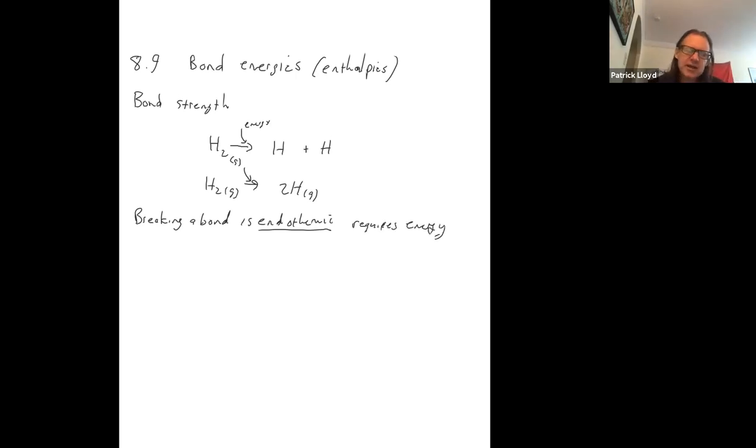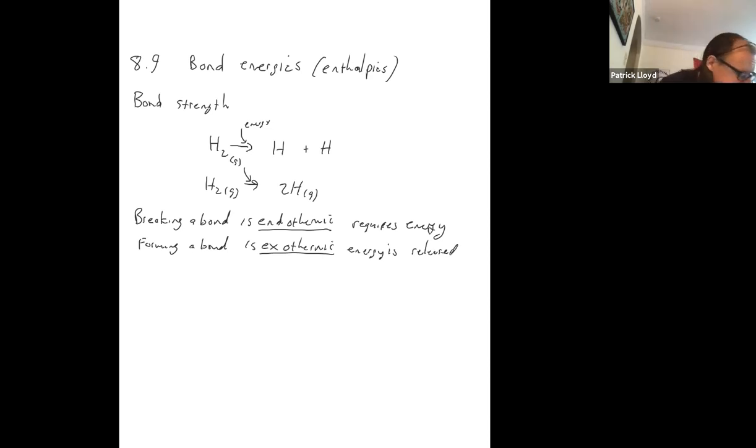And that makes sense, right? Like things don't break on their own, you have to break them. So it takes energy to break them. Now, this is not as obvious, but it's also very important, which is that forming a bond is exothermic. That's not obvious. This is not obvious to me. Energy is released.